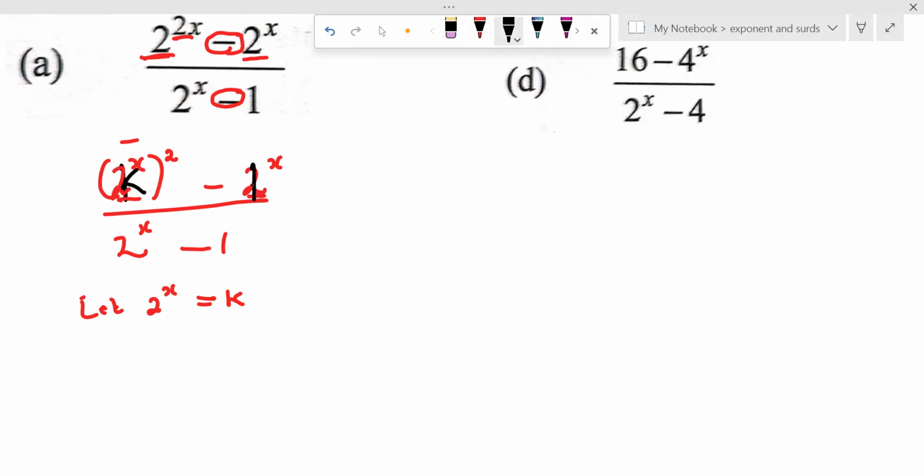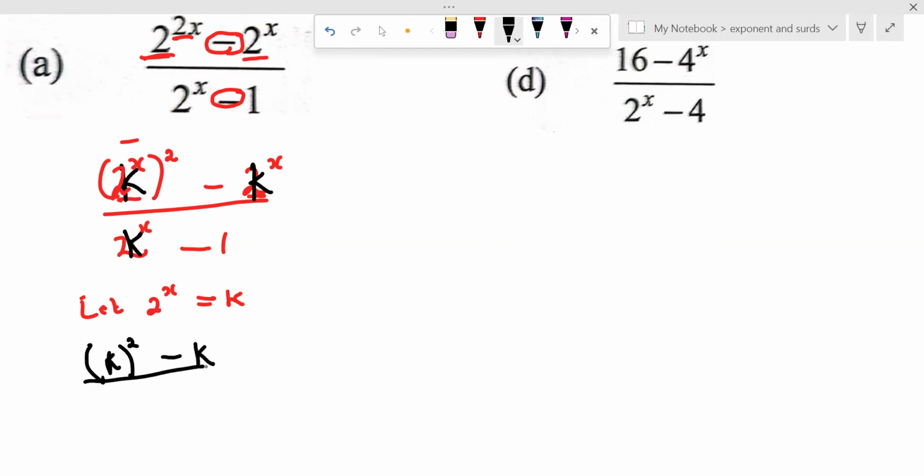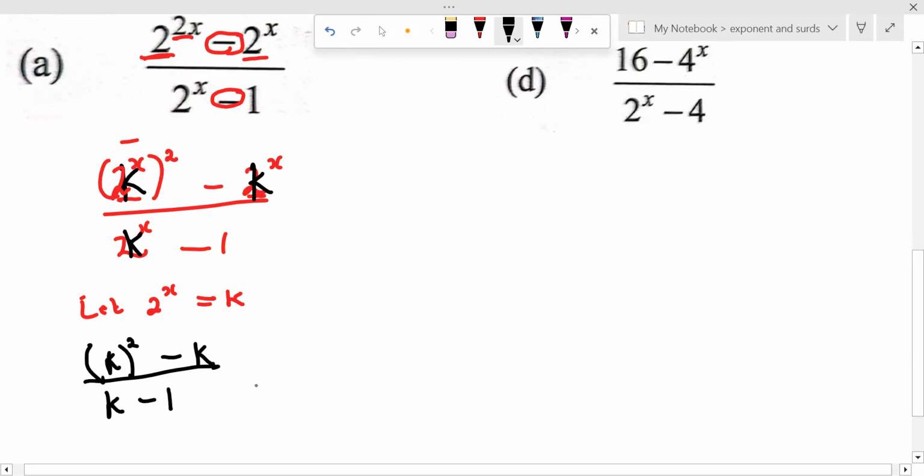Here there's 2 to the power of x, we'll put a k. And then here we'll also put a k. So if we write it correctly, the 2 to the power of x, we remove it and replace it with k, so here we will have k all squared minus k, all over k minus 1.